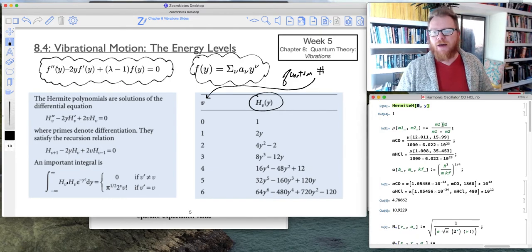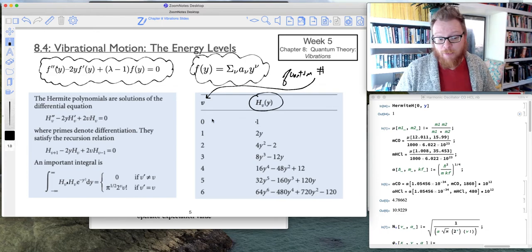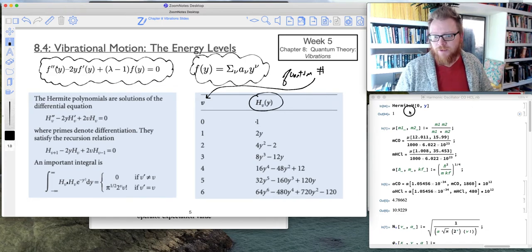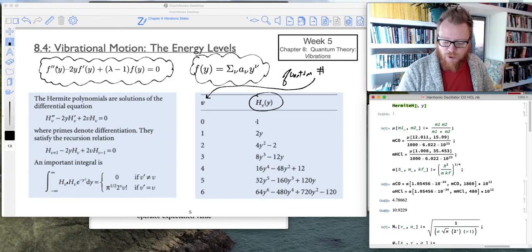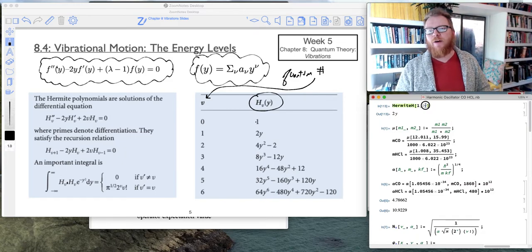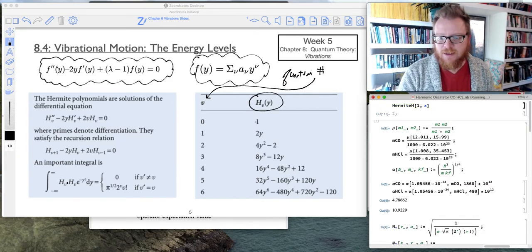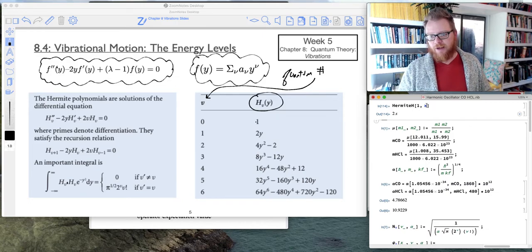And so just to show you, Mathematica has these things built in, which is really cool. So if I say 0 and y, look, it just gives me 1, and that's the Hermite polynomial for nu equal to 0, it's just 1. But check it out, if I make nu equal to 1, then look, I get 2y. If I wanted to keep this in terms of x, I could change that to x and it becomes 2x.